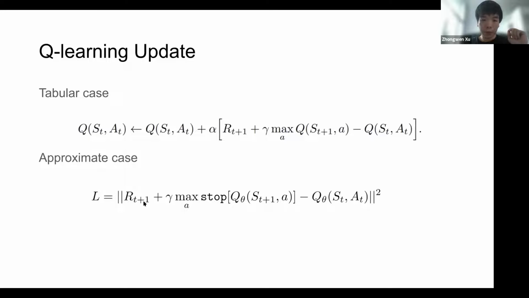We use this as the target, and you can view this as a regression loss. From the Q theta of the current time step, we regress towards this target, sum this loss over a batch of examples, and then take gradient descent on this loss. That's the core idea to transform classic Q-learning from the tabular case into the modern deep learning usage of the approximate case.